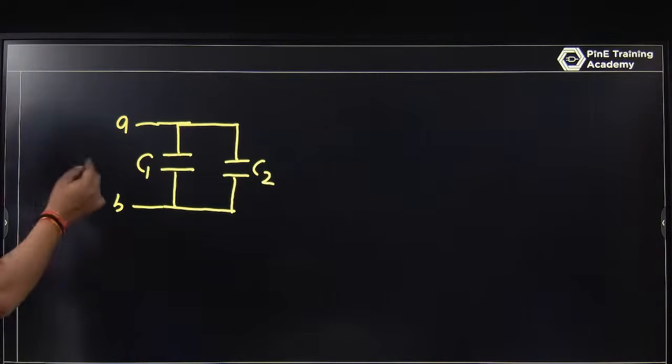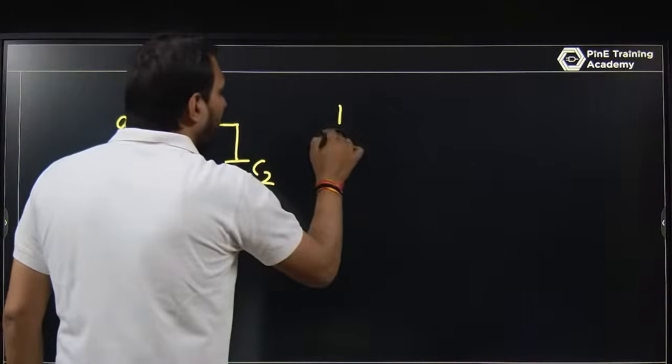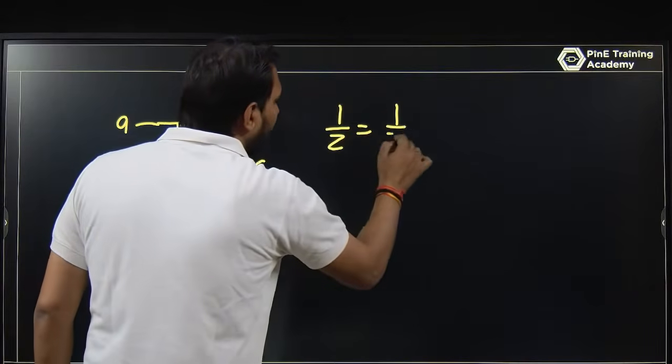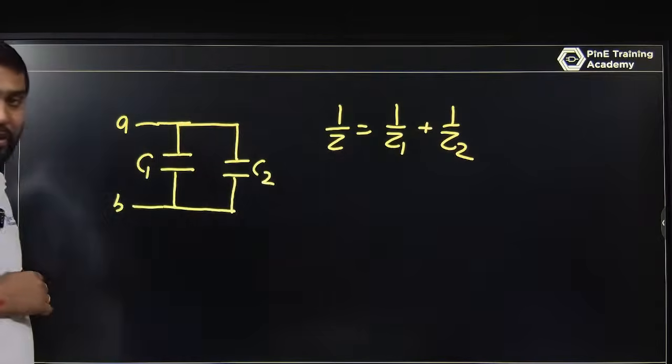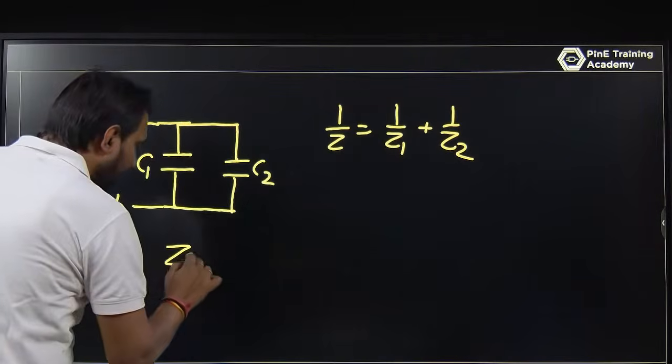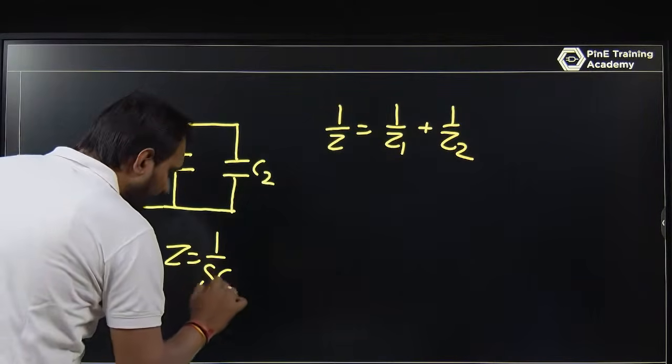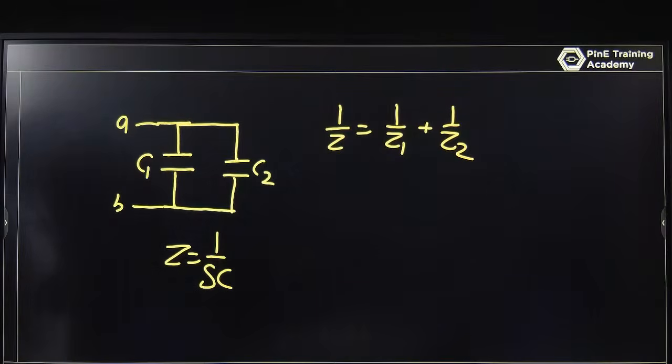As we know, 1 upon Z is equal to 1 upon Z1 plus 1 upon Z2 in parallel. For a capacitor, Z in terms of frequency is 1 upon SC.